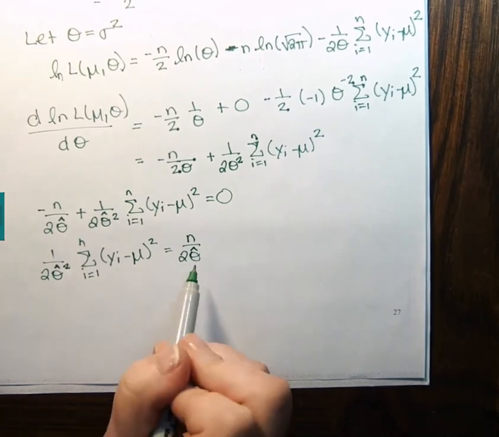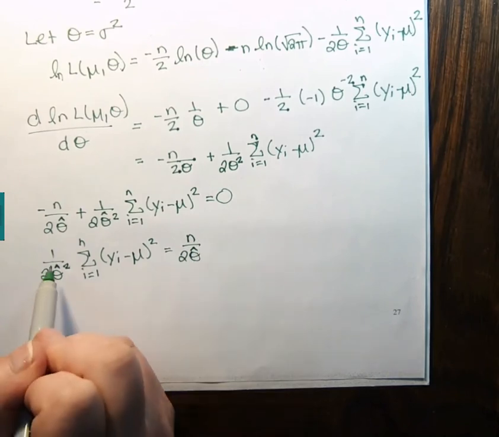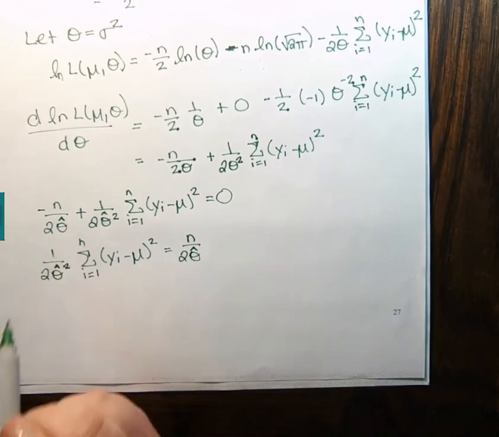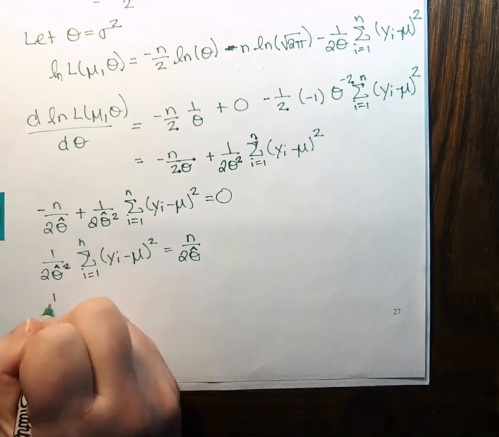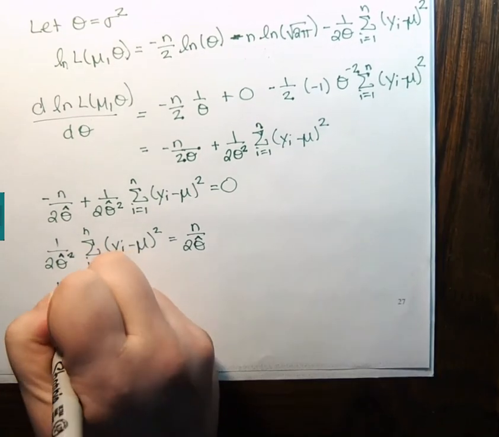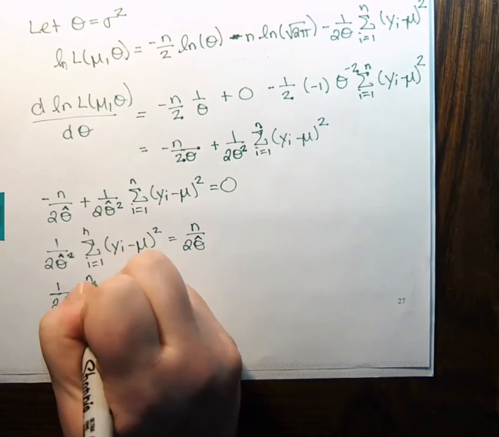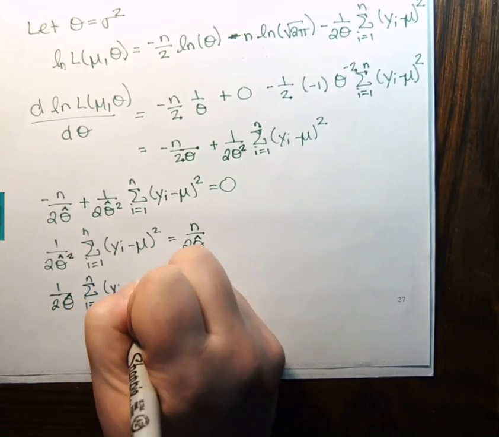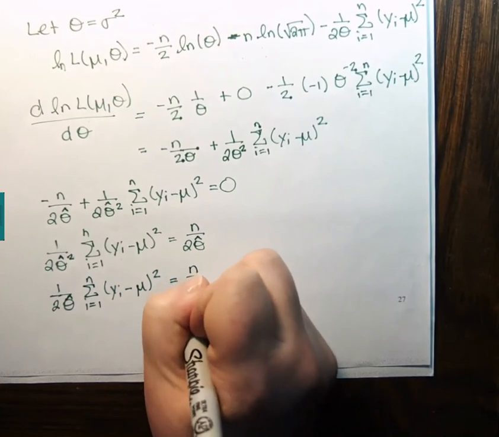Now notice if I multiply both sides by a theta hat, the theta hat on this side will cancel with one of the theta hats over here. And so then I would have 1 over 2 theta hat times the sum i equals 1 to n (y_i minus mu) squared is equal to n over 2.